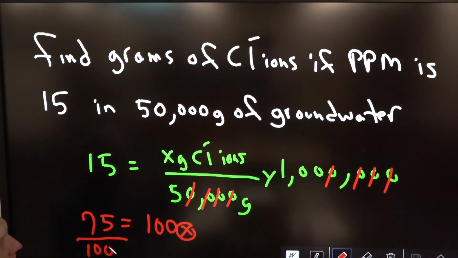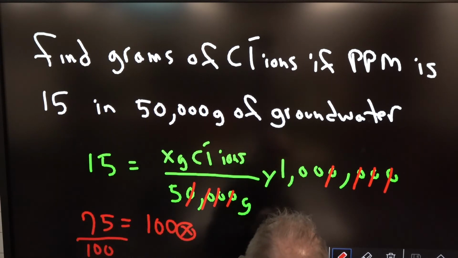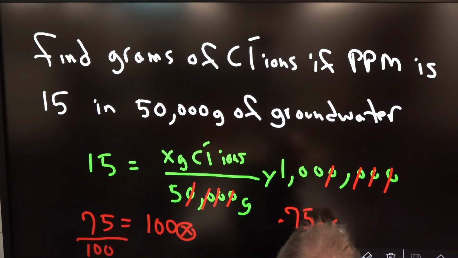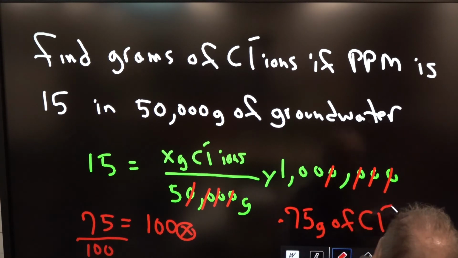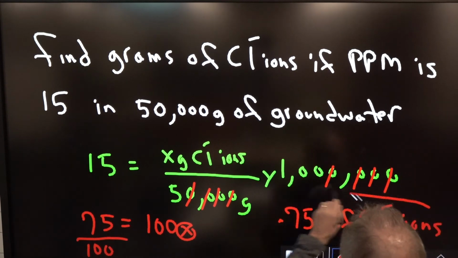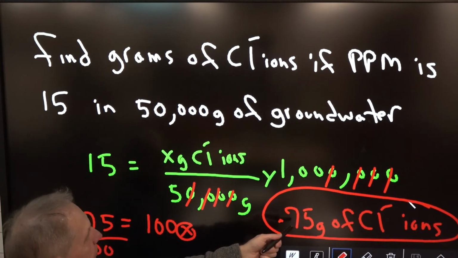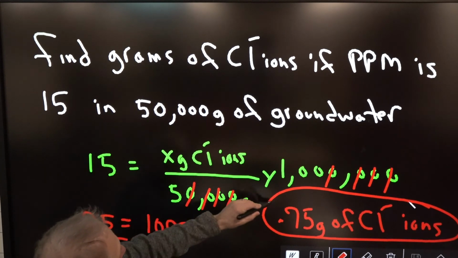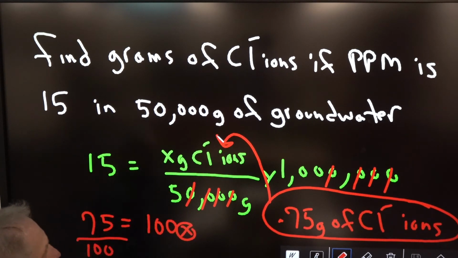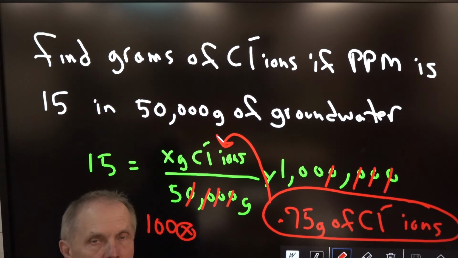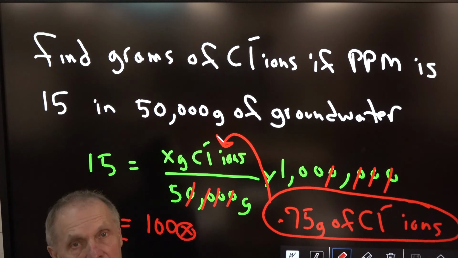So 75 divided by 100, and that is 0.75 grams of Cl minus ions. So that would be your answer, 0.75 grams of Cl minus ions. It would go right here. All right, so whichever way you prefer to do ppms, but be careful of all the zeros, especially using it in your calculators.